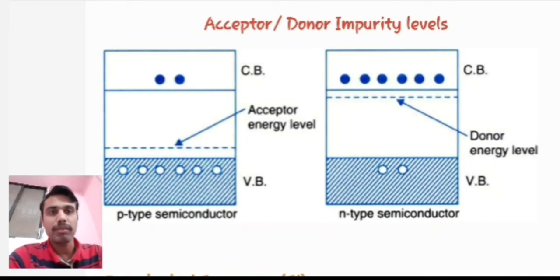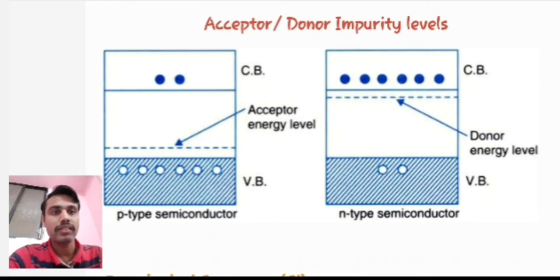A p-type semiconductor has a large number of holes, seen in the valence band, and minority charge carriers, electrons, can be seen in the conduction band. In the first diagram we can see that directly.